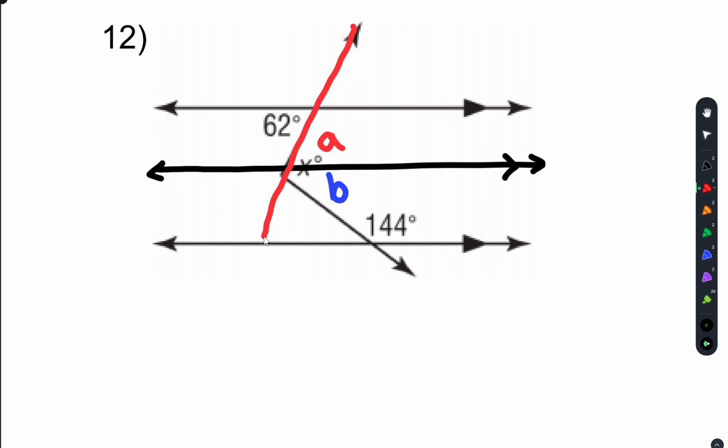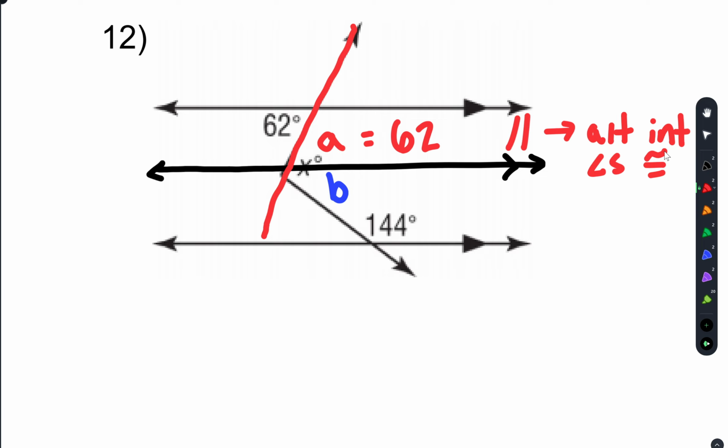What is angle A? It's angle A. Casper. Why? Perfect. What's angle B?